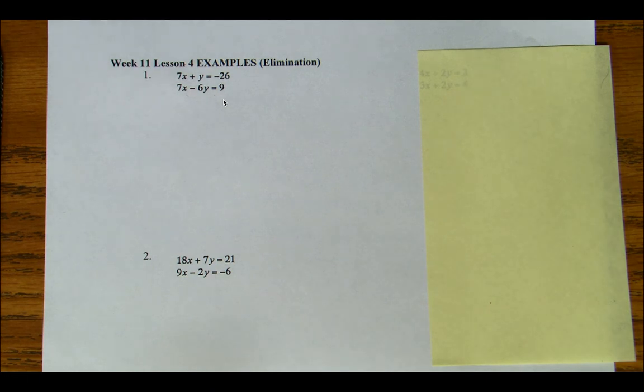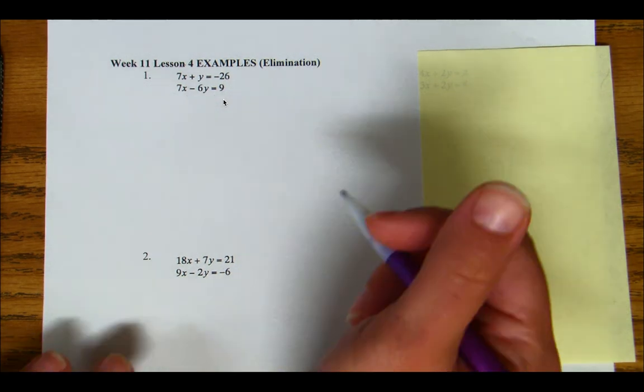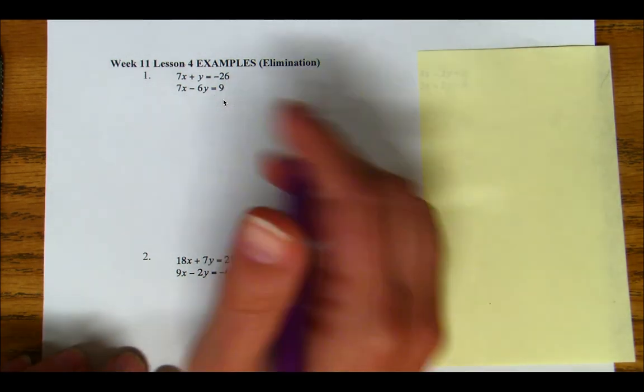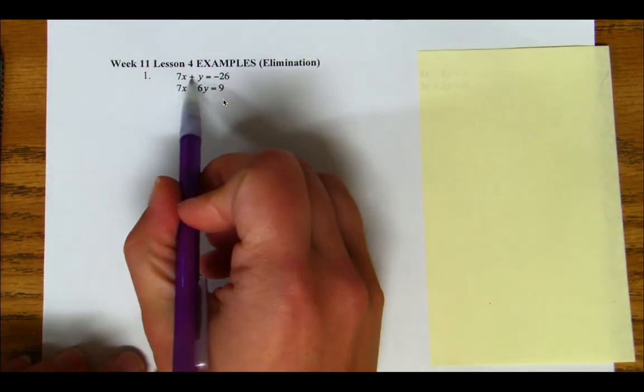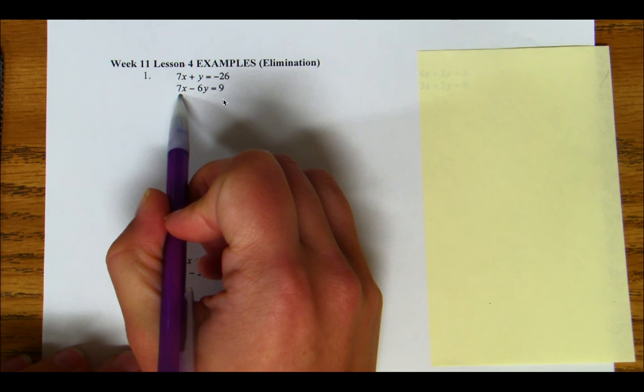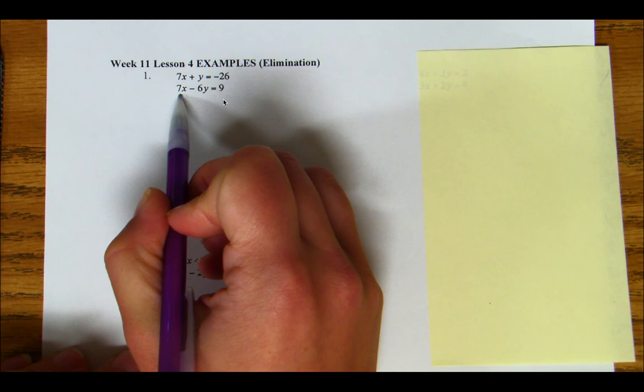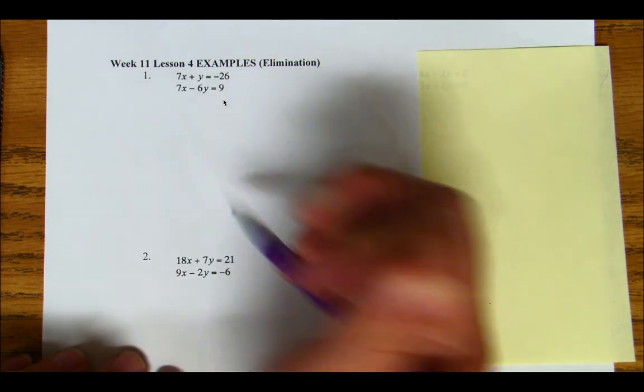Usually this involves either addition or subtraction and sometimes multiplication or division as well. So in this first one, notice a couple of things. This one is 7x and this one is 7x. So I want to identify if there's a variable that I can subtract or get rid of somehow.